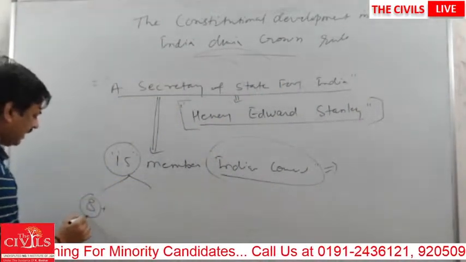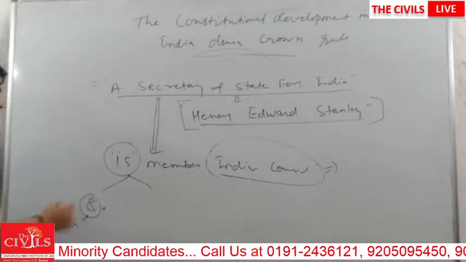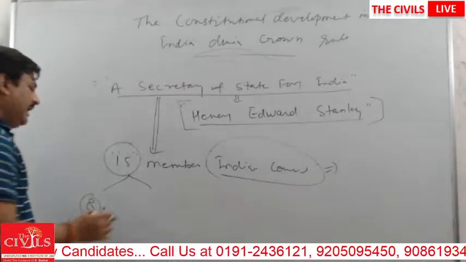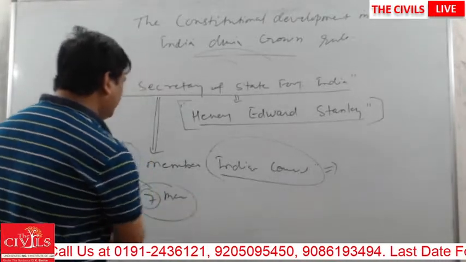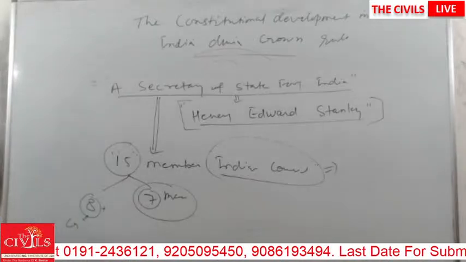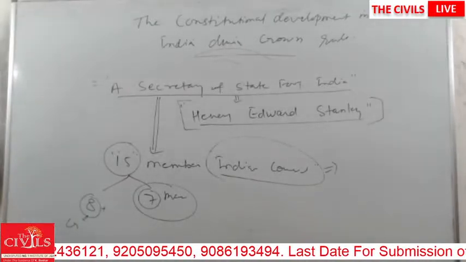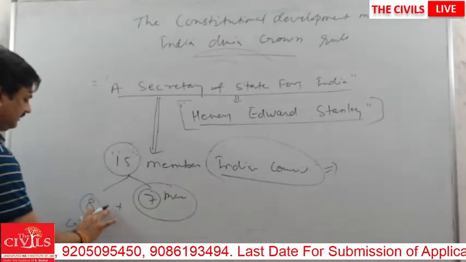Out of 15 members, 8 members were nominated by the Crown and 7 members were elected from the Board of Directors. So this was the combination, this was the ratio.